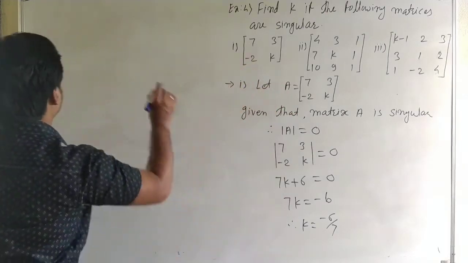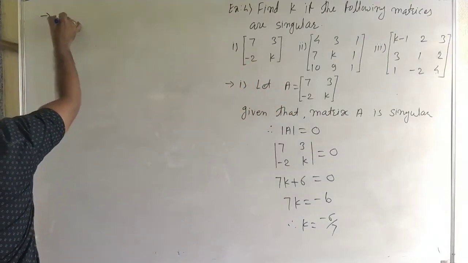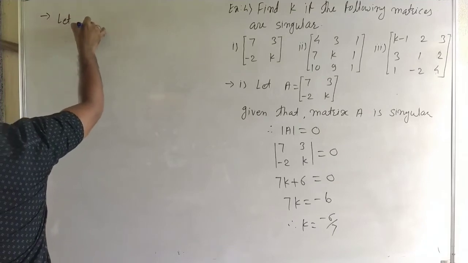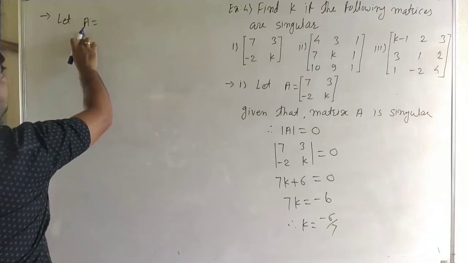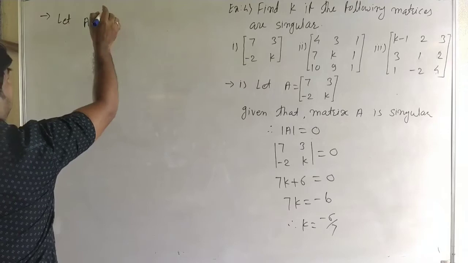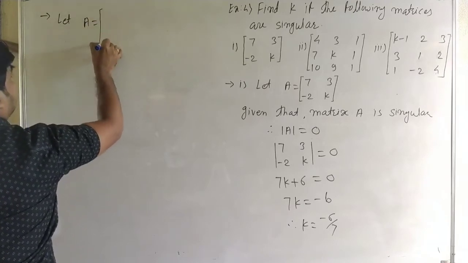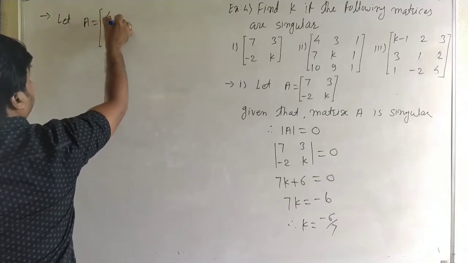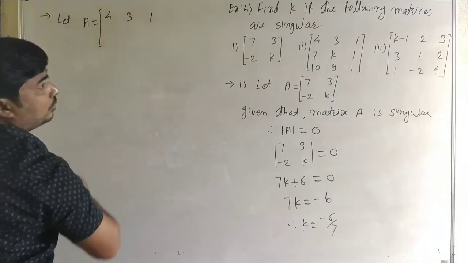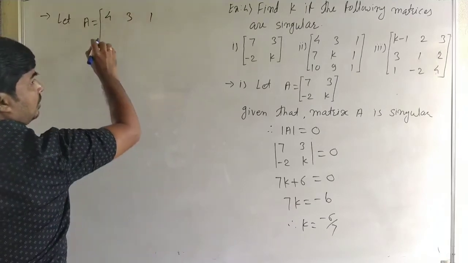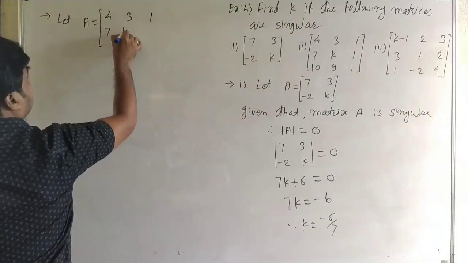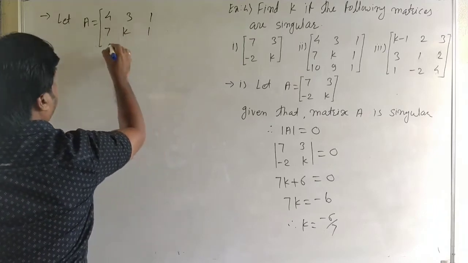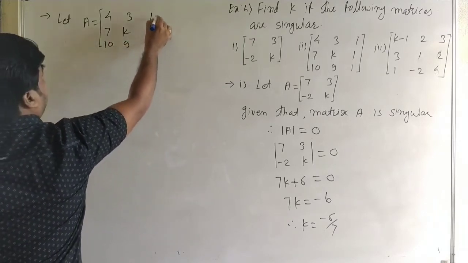Now we see the second. Let, again we can take a name A, B or C, anything. The given matrix is 4, 3, 1; 7, k, 1; and 10, 9, 1.